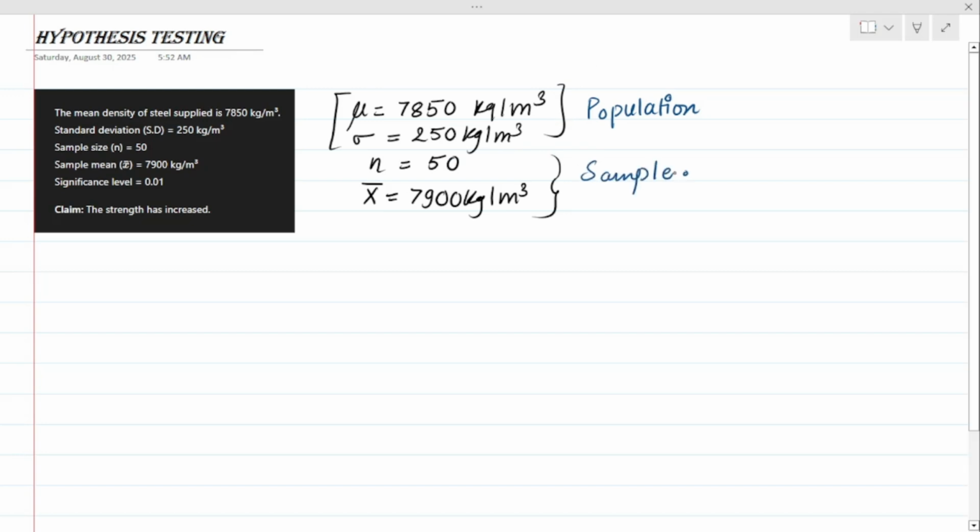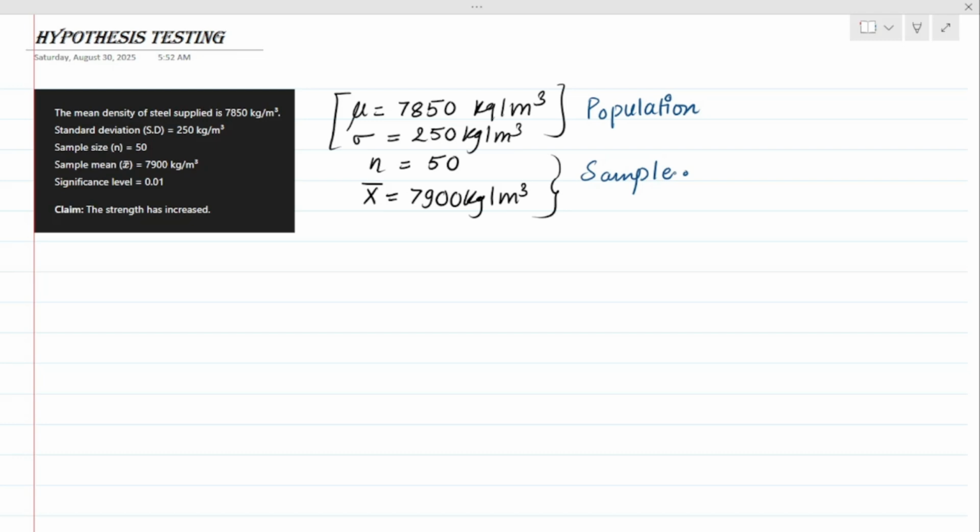Now the claim is that at first the company always sends the population. So let's say the company is usually sending steel of density 7850 kg per meter cube with a standard deviation of 250 kg per meter cube.